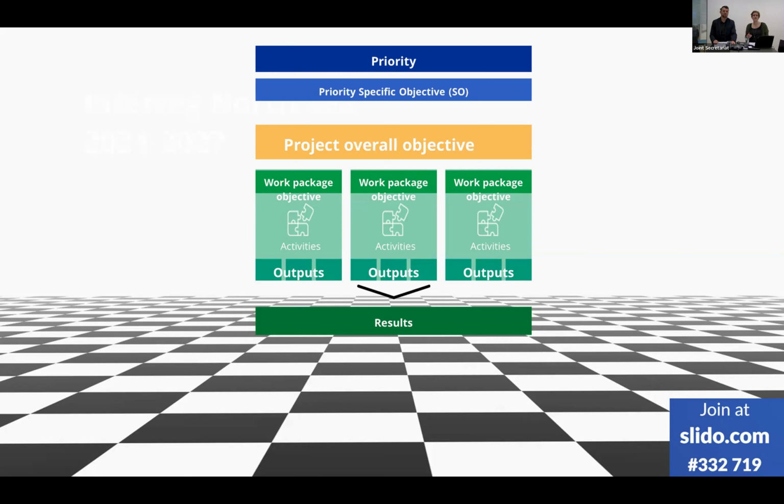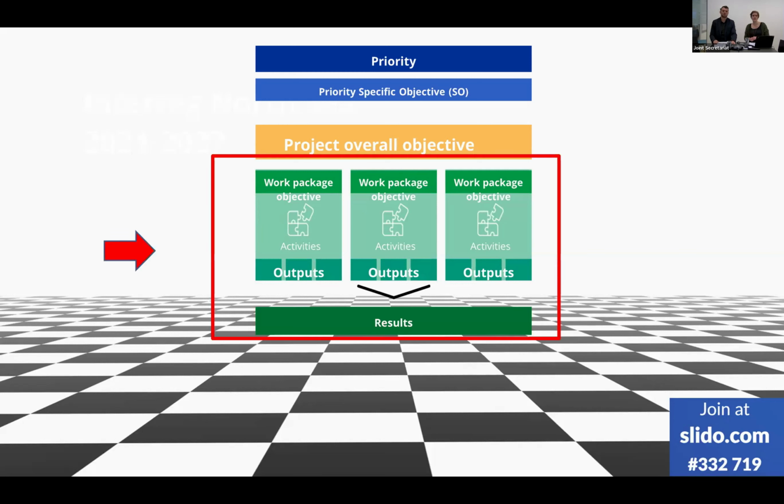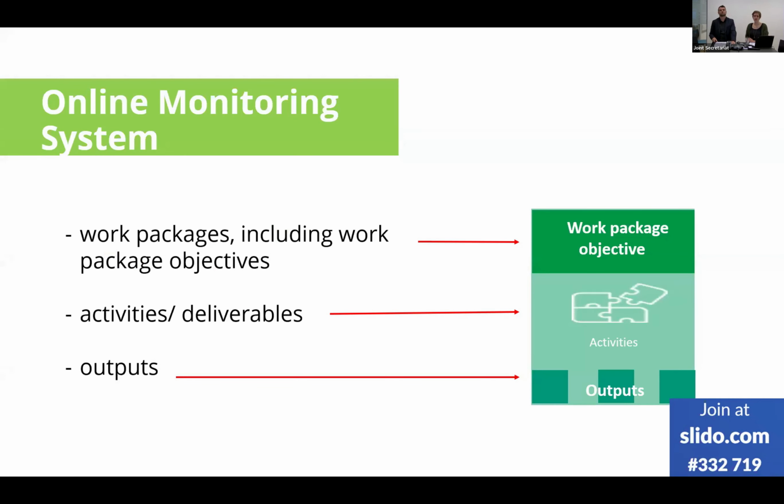Peter and I have decided to focus on one specific part of the intervention logic, mainly located around the work packages where you have to work with the different indicators. How are we going to do that? Peter has already mentioned a little bit. On the next slide, we will have a short recap of what work packages are, what activities and deliverables are, and what outputs are.